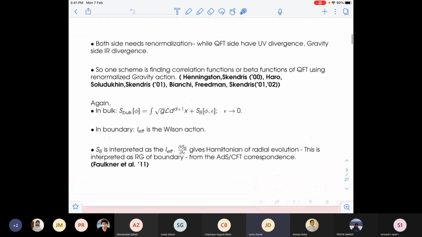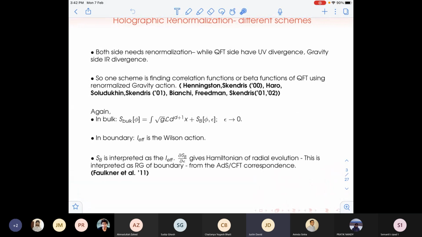Just to clarify, I guess you're not in purely AdS space, right? Because you're talking about RG and all that. If you're purely in AdS space, it's a conformal field theory, but you're talking about beta functions. Yes, we are not at the conformal field theory. The conformal field theory is only at the boundary, but we will perturb it, so it is not pure AdS. Then it will give the AdS radial evolution.